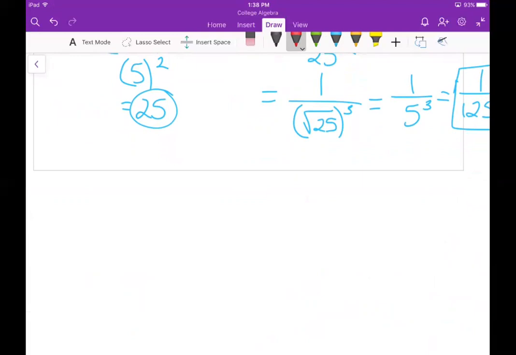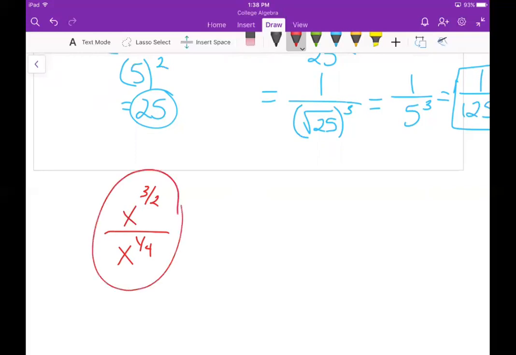So let's say I had something like x to the 3/2 over x to the 1/4. Well, I don't have to think about square rooting x and then taking it cubed. That doesn't make sense because x isn't a number. I just want to simplify this exponential expression using the fact that this is a quotient. So my quotient rule would say, oh, this is x to the 3/2 minus 1/4.